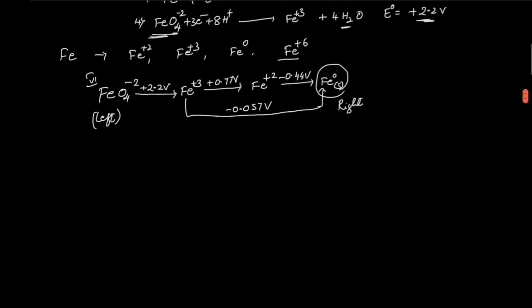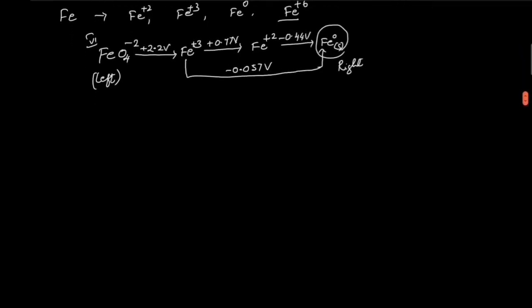Now, what is the information that we are getting from this Latimer diagram of iron? First information is E naught values. By using these E naught values, you can tell which is the good oxidizing agent and which is the good reducing agent. Higher the value of E naught, that will be the good oxidizing agent. Which is the highest E naught value? Here it is.